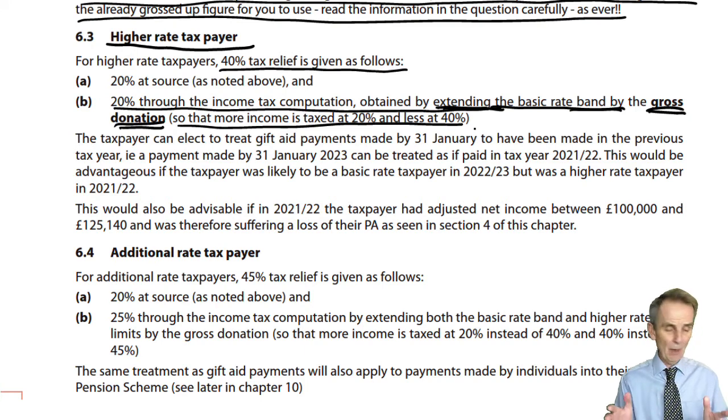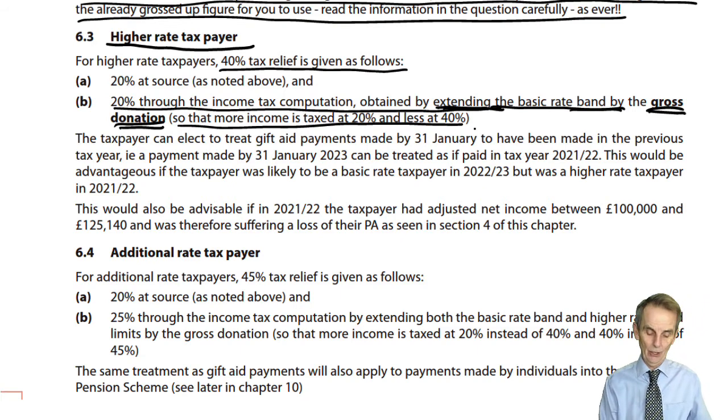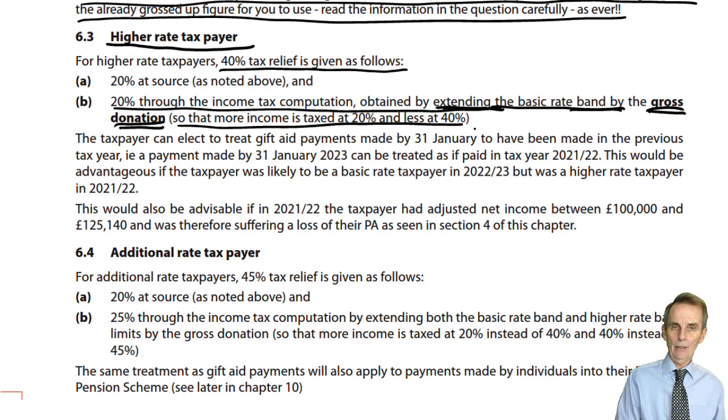Now, I haven't changed my taxable income in any way. Taxable income is exactly as was, because there's been no inclusion of the gift aid payment on the face of the income tax computation. So, I've had my basic rate relief by paying 80, charity got 100. Now I get my higher rate tax relief by increasing, extending, as is the expression, the basic rate band limit.